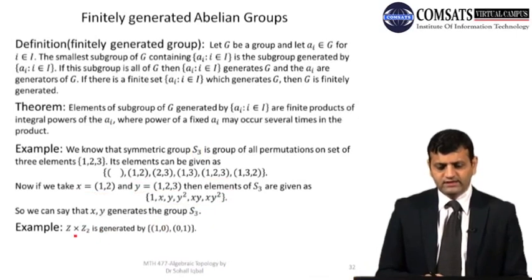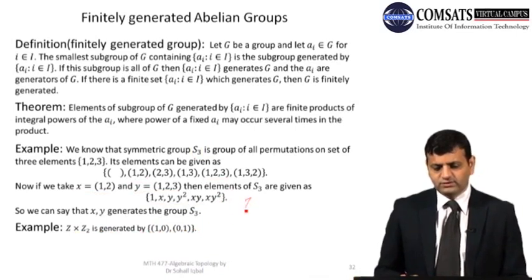Another example is that Z cross Z2 is generated by (1, 0) and (0, 1). So what is Z2? The elements of Z2 are 0 and 1. These are congruence classes. If you have any integer, divide it by 2, and this set contains the remainder of that element.